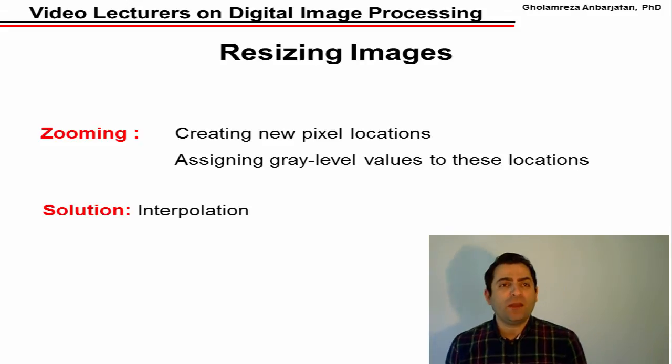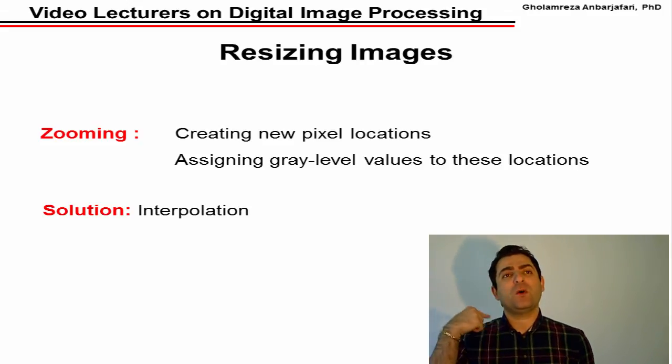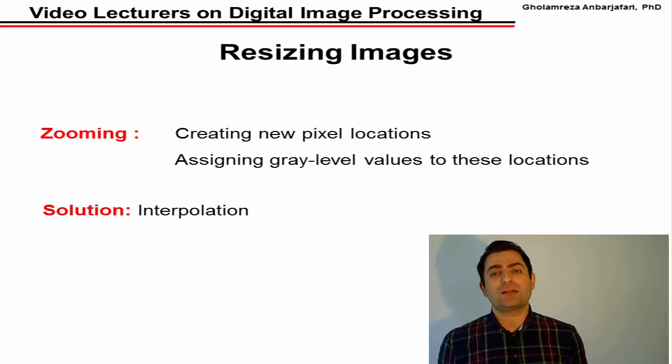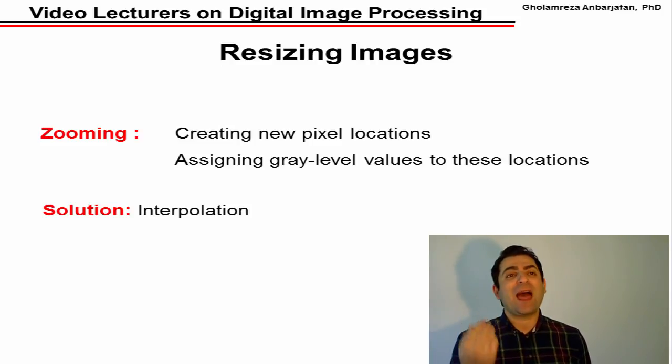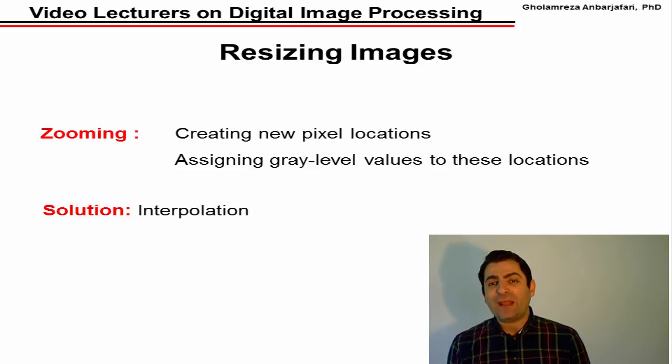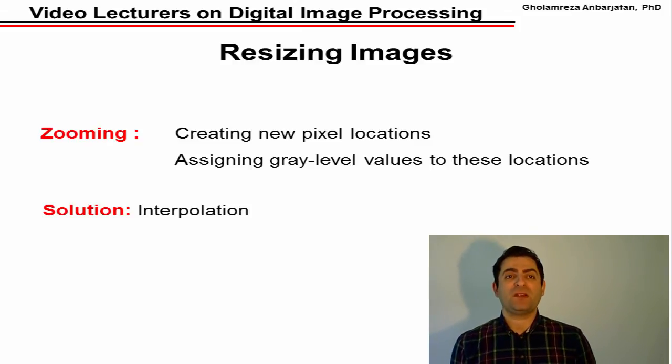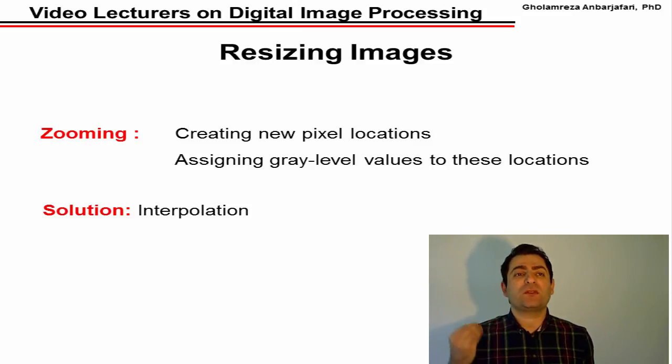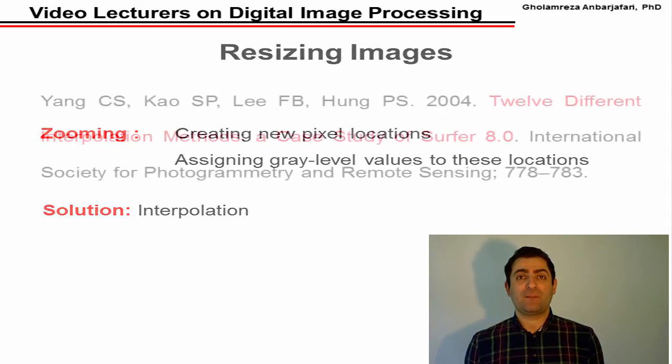Now if you go to the IEEE Explorer and search only journals, you will see that in the last 4 years, over 450 journal papers have been published in IEEE regarding introducing new interpolation techniques.